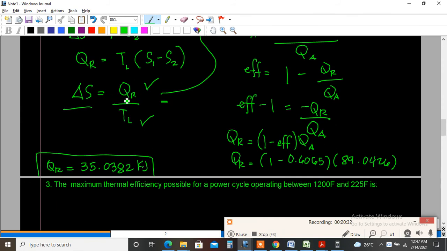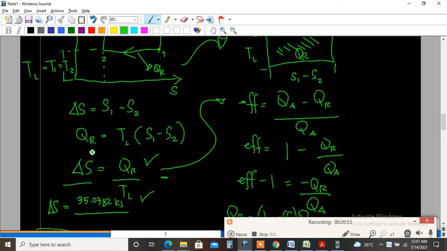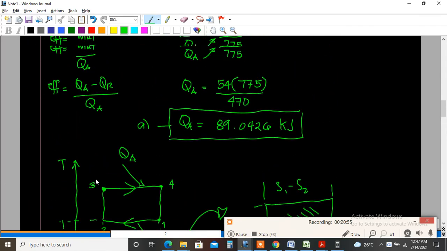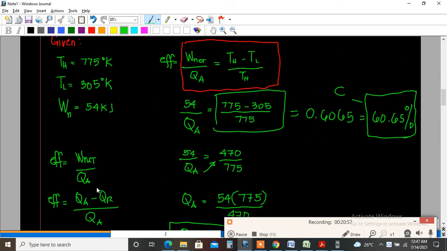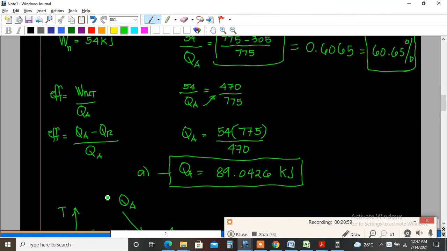So given the heat rejected and the low temperature, we will be able to solve the change in entropy. Change in entropy is QR, 35.0382 kilojoules, and the temperature low is 305 Kelvin.